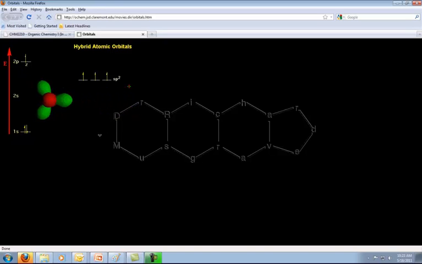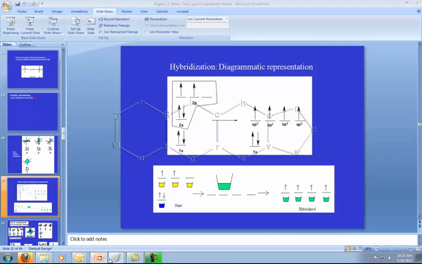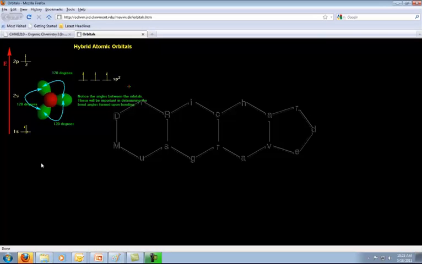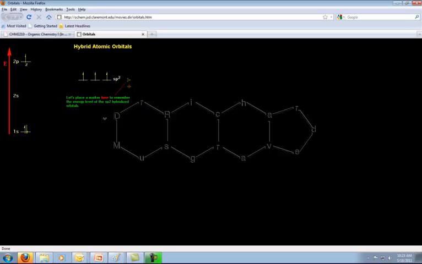Join them all together, and this explains why we're getting 120 degree bond angles for this one here, because those sp2 hybrids are 120 degrees apart. And you've got a 90 degree angle to the leftover p orbital. I'll explain what happens with the leftover p orbital later on.